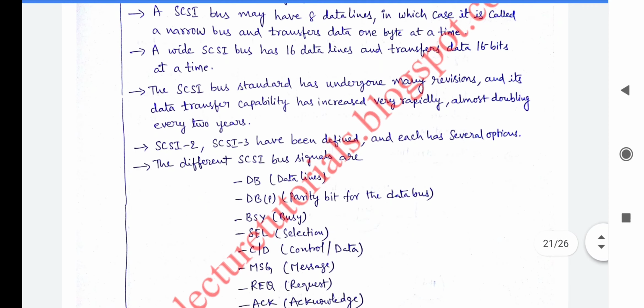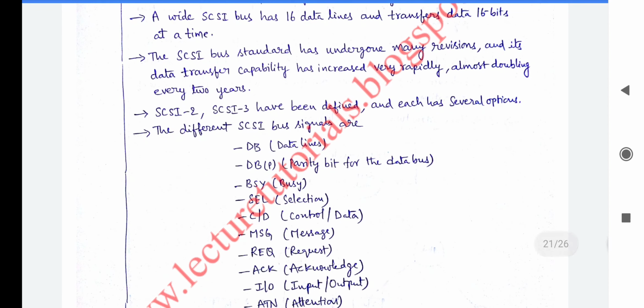These are the different types of bus signals used in the SCSI bus.